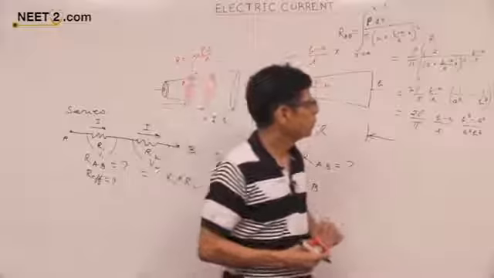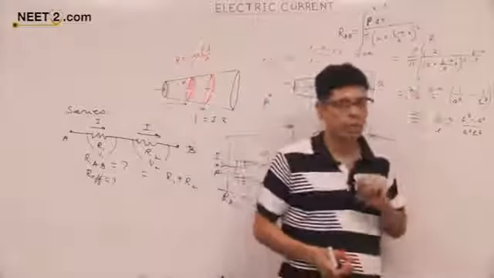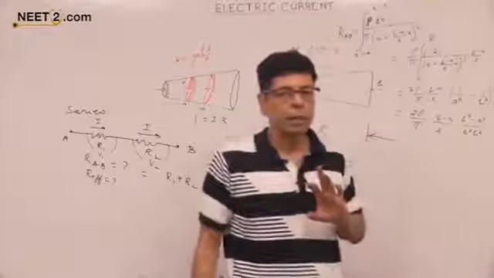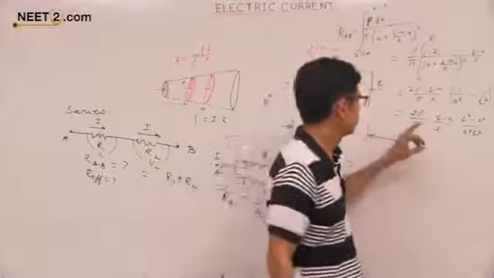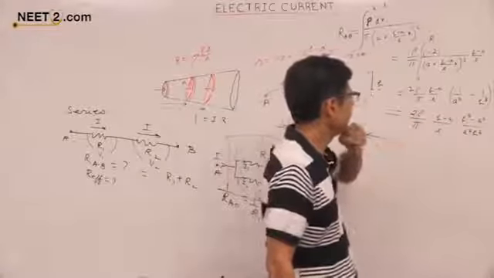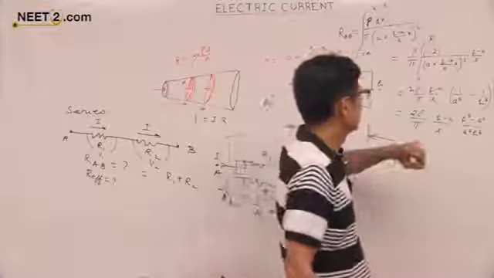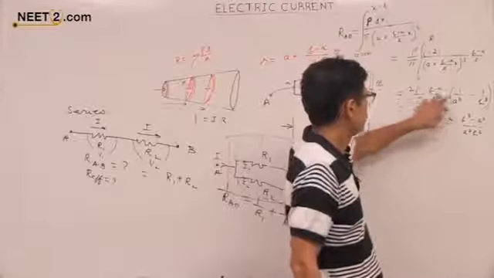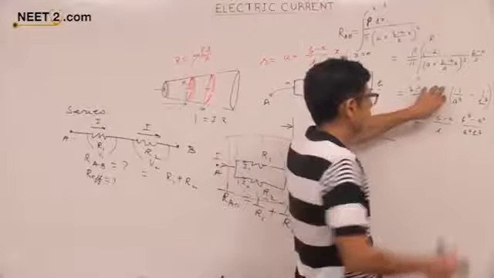Well, I'm not so convinced about what is going on. So what I'll do is make a check. The check would be a dimensional check first. So its structure should be rho L by A. Now this is rho. This is dimensionless.